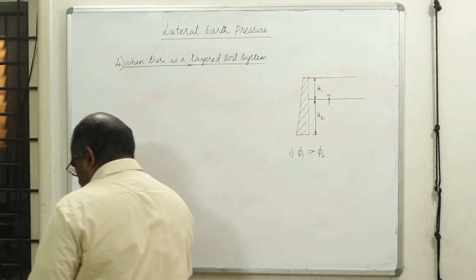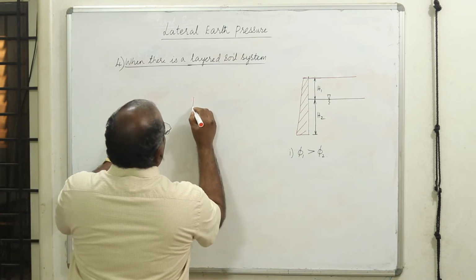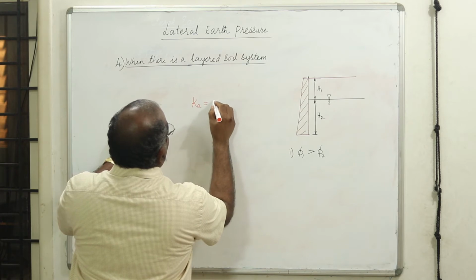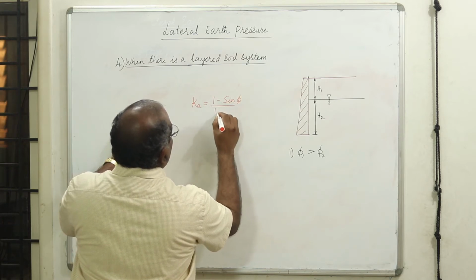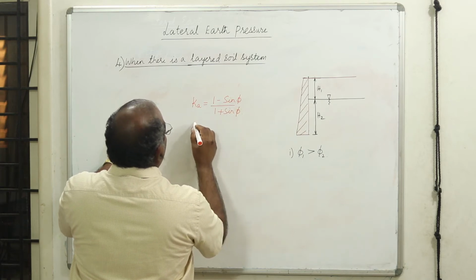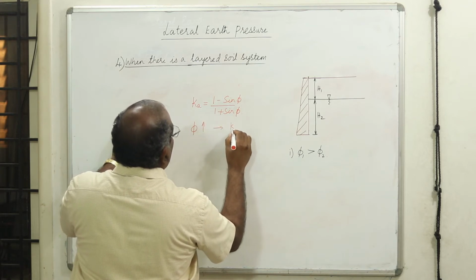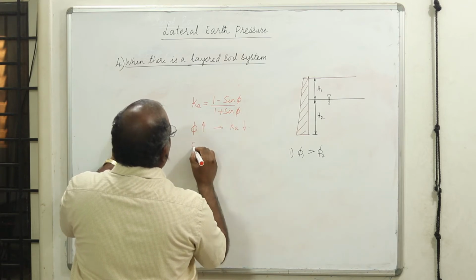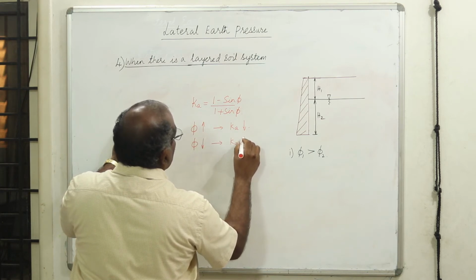You need to understand one important thing here, that your Ka is equal to (1 minus sin phi) divided by (1 plus sin phi). Now when phi increases, Ka decreases. When phi decreases, Ka increases.